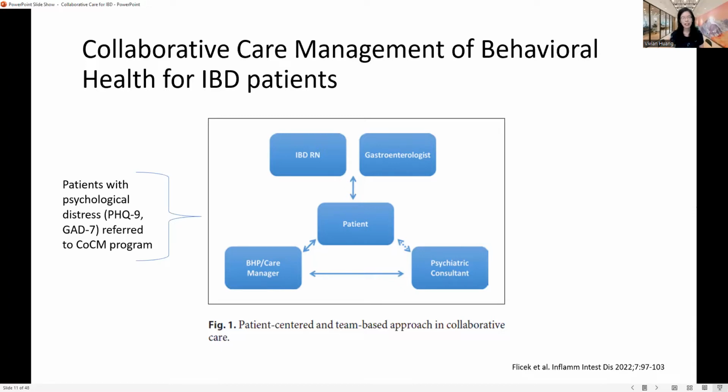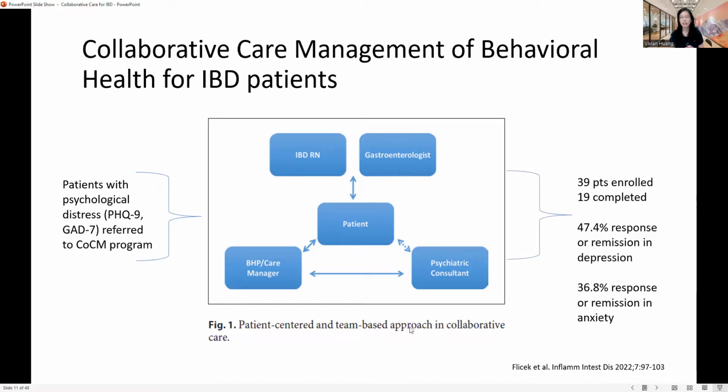They survey patients with the patient-reported outcomes of PHQ-9 for depression and the GAD-7 score for anxiety. People who are flagged with psychological distress would be invited into this collaborative care management. Basically it's intensive monitoring and ongoing assessment of their anxiety and depression scores, and then appropriate treatment or therapy with guidance from the psychiatrist.